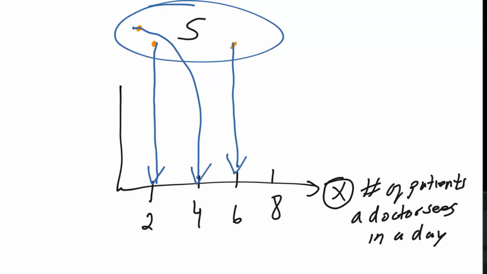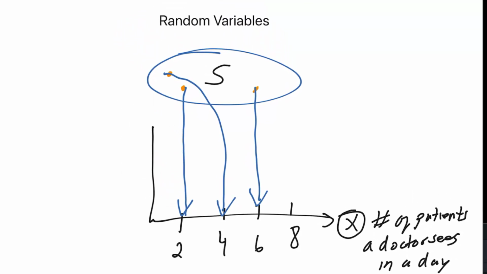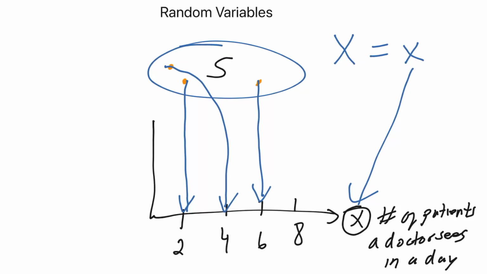I want you to realize that this here is a small or little x. When we look at the notation of a random variable, we have the big X, which denotes a random variable, and then we have the little x. The little x is the numerical value that a random variable could take on. In our case, the random variable is the number of patients a doctor sees in a day. A really good way of thinking about it is that the thing that we're measuring is the random variable.